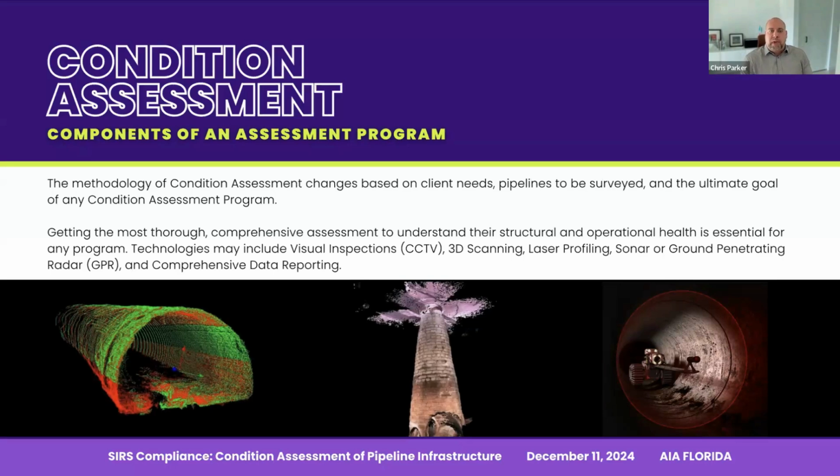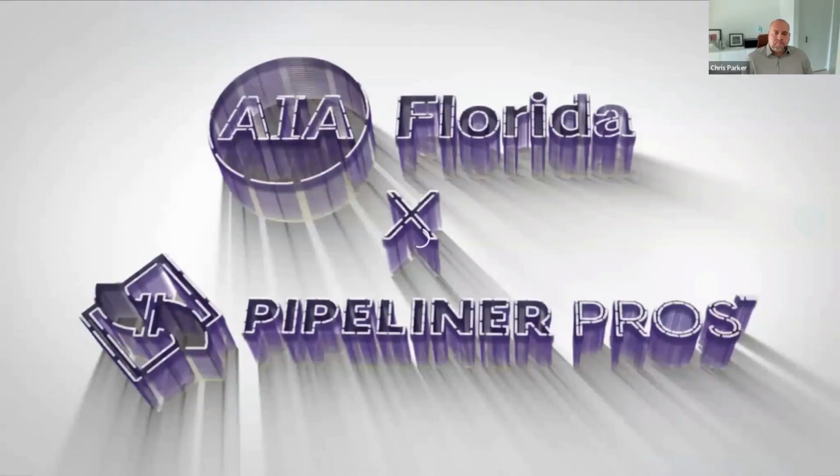So sonar profiling helps in those cases. And then finally, ground penetrating radar can also be used in conjunction with pipeline assessment to make sure that you have all the necessary components that make up an appropriate condition assessment program.